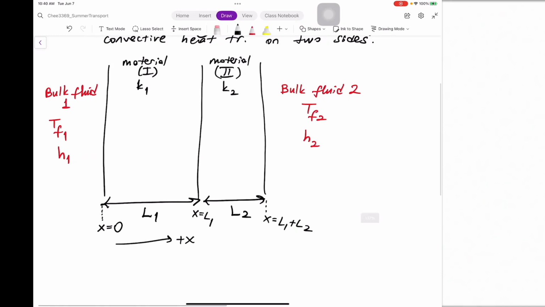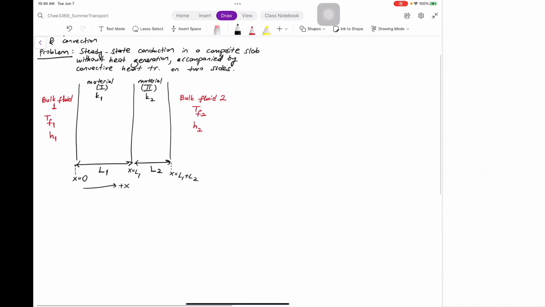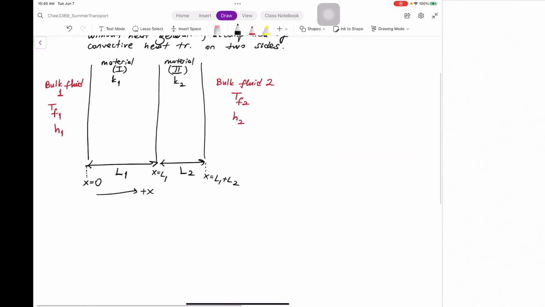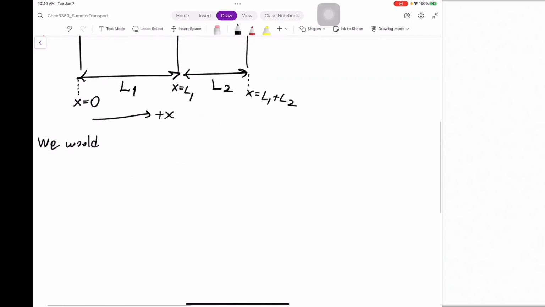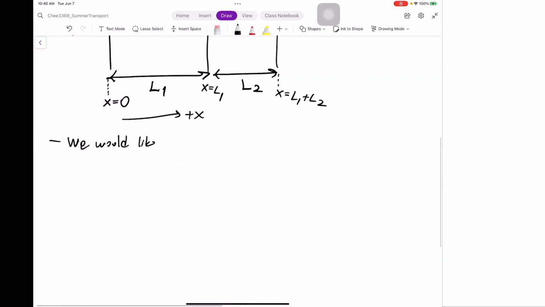Now, what do we want to find? We want to find the temperature profiles inside the material.